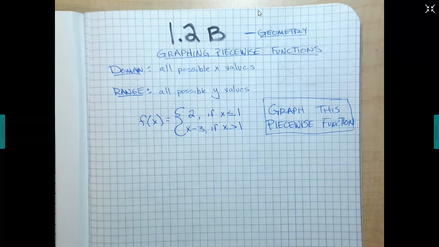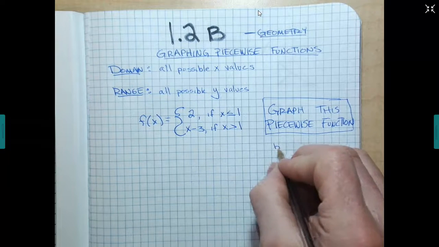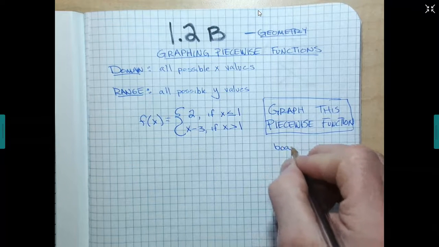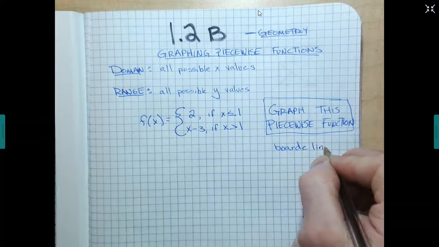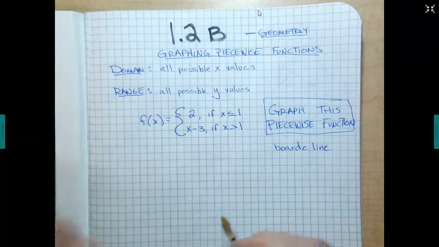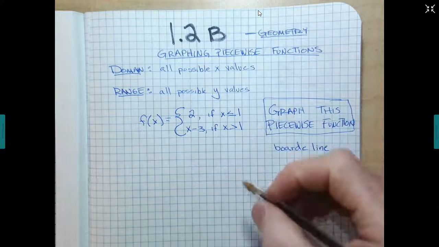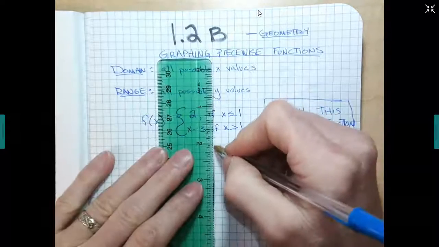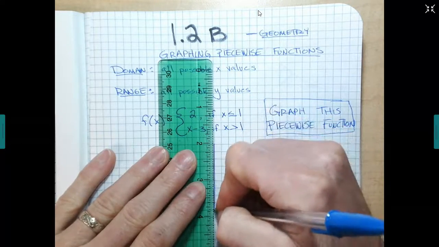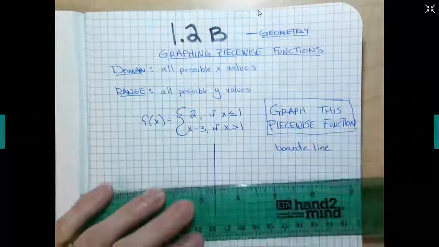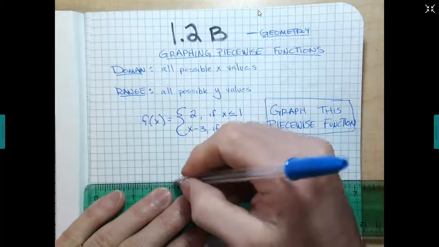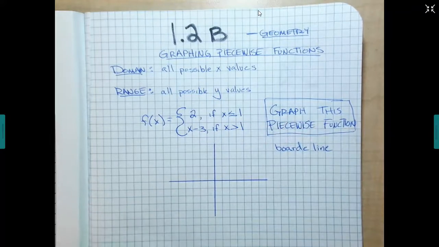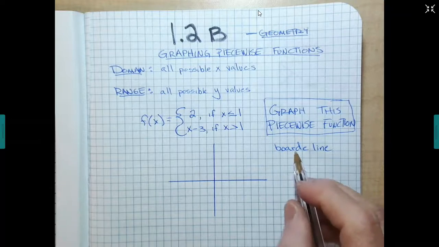So the very first thing I'm going to do is I'm going to make a borderline, which is going to help me to graph this. So I'm going to make my x and my y axis right there, and I'm going to create a borderline.